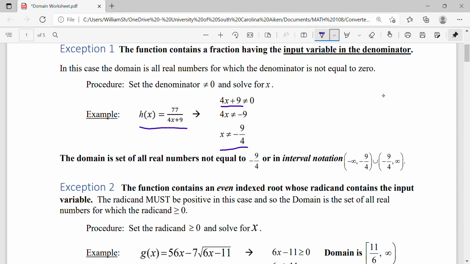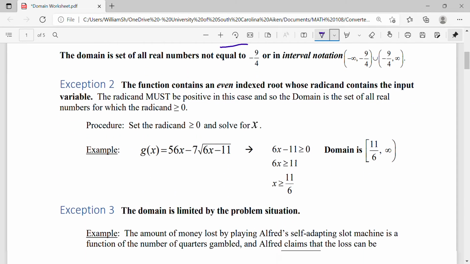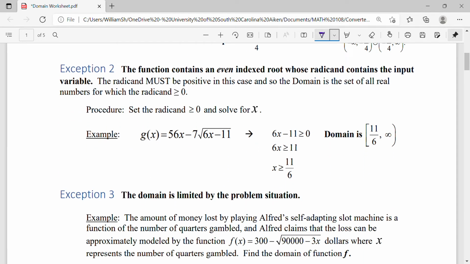If we want to put that in interval notation, we're looking at negative infinity to negative 9 over 4 with parentheses, union negative 9 over 4 to infinity with parentheses as well. So basically including everything but negative 9/4. If it's in the denominator, we want to set the whole denominator not equal to 0. This only matters if there's an x in the denominator.